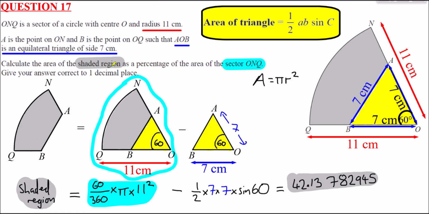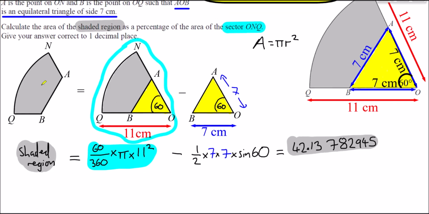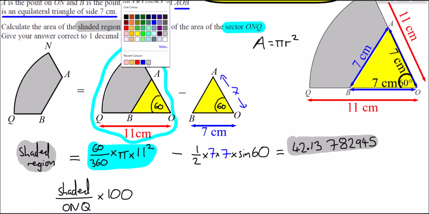So if I want the shaded region as a percentage of sector ONQ, I need to do the shaded region first of all as a fraction of sector ONQ. So I need to give the shaded region as a fraction of the sector, shaded out of ONQ, get it as a fraction, then to change from a fraction to a percentage, I then multiply by 100.